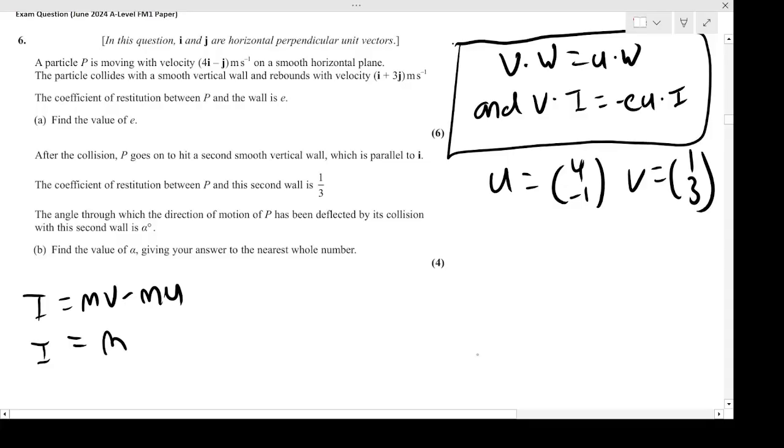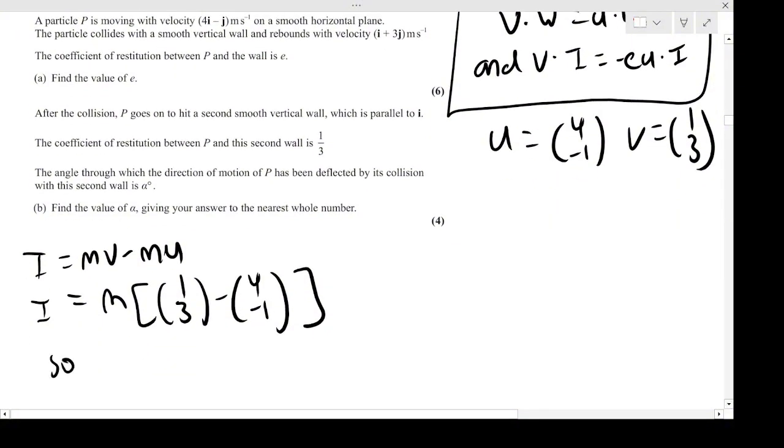I'm going to call it m. Then v is (1, 3) take away u, which is (4, -1). So if I simplify this, I is going to be m lots of (1 minus 4 is minus 3), (3 plus 1 is 4, right? Double negative there). And so that's my impulse vector.